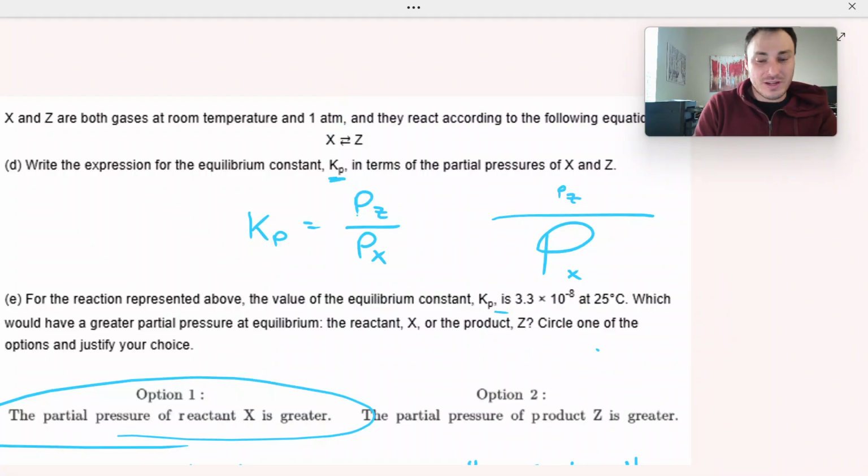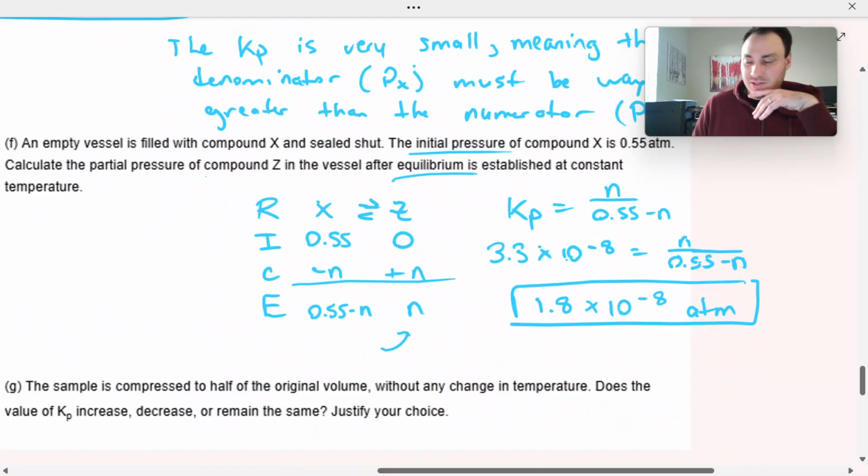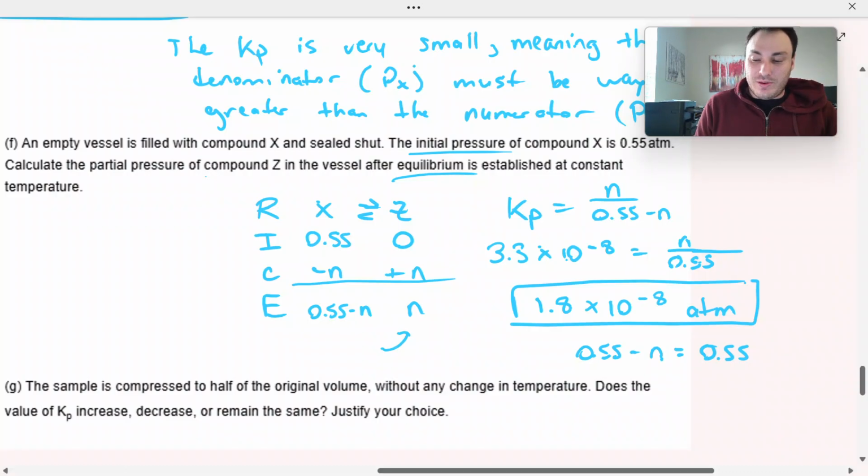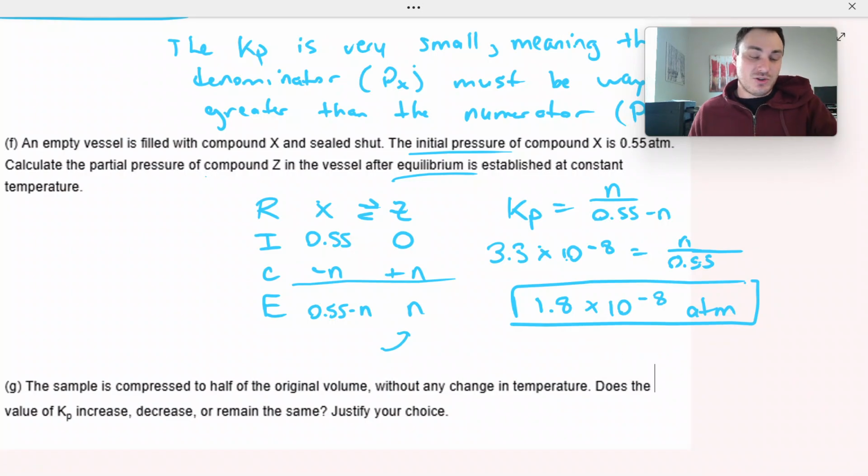So what we can assume, and this is the AP Chem intended way, is that 0.55 minus n is equal to 0.55. And when we do that, then the denominator becomes 0.55, and that becomes way easier to manage because then you're just doing 3.3 times 10 to the negative 8th times 0.55, and you get the same answer.